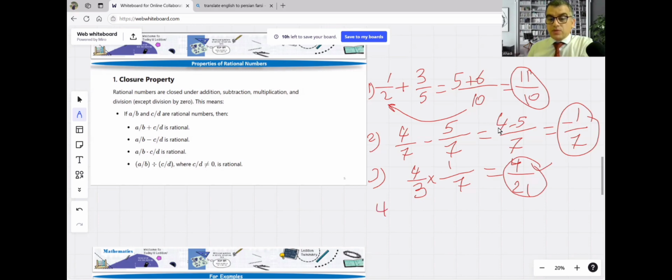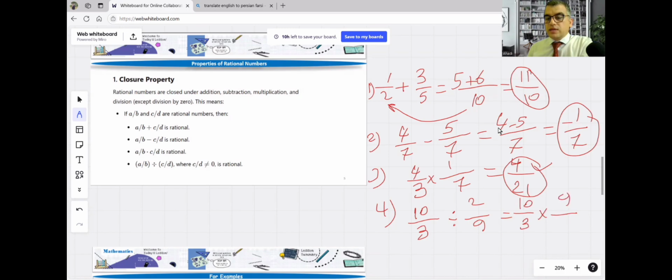Same, we can do another example to divide two rational numbers. For example, 10 by 3 divided by 2 by 9. So we know how we divide two rational numbers.